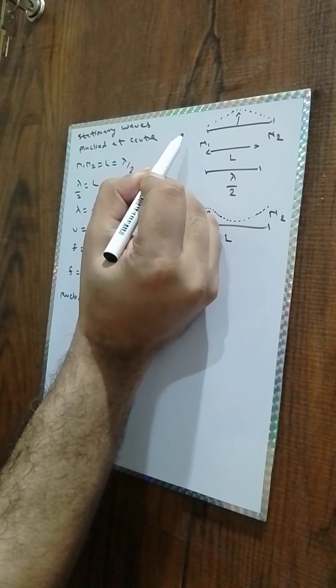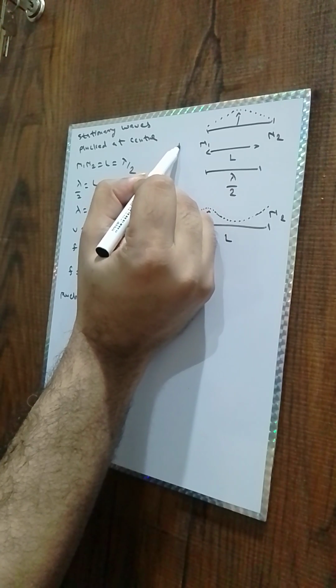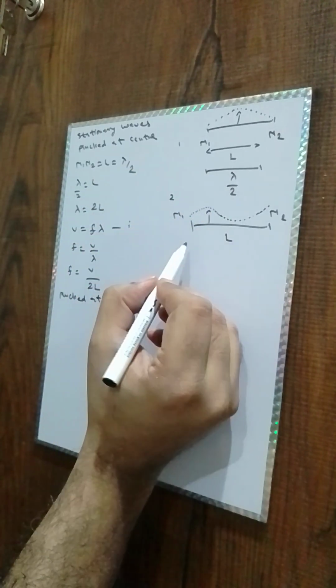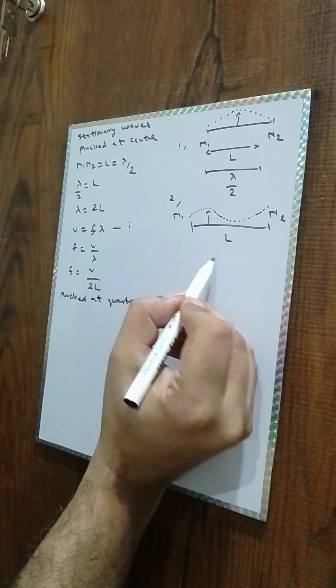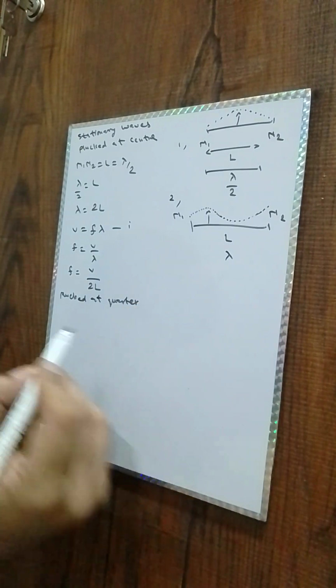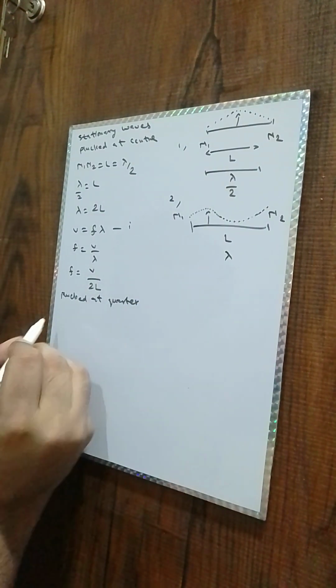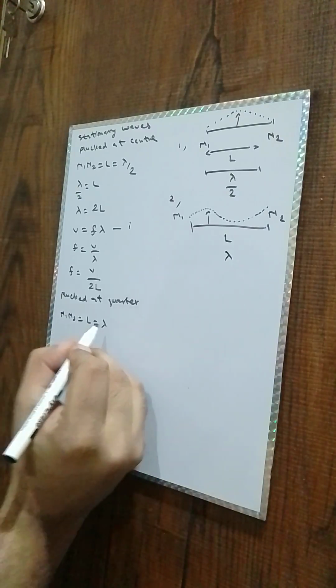This is case 1, and this is case 2, let's say, and here this length is equal to lambda.